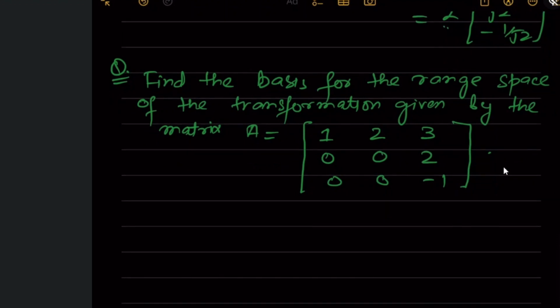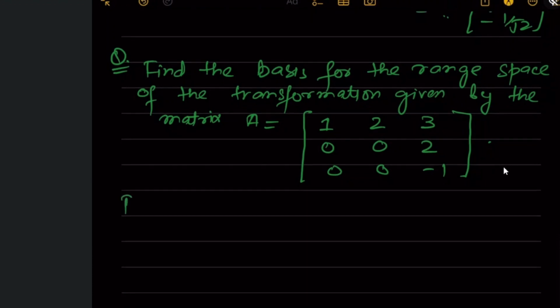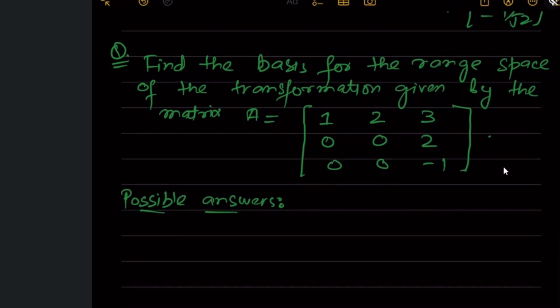Anyone? Range space is nothing but that which is spanned by the output, right?